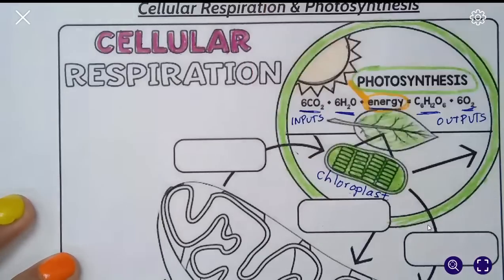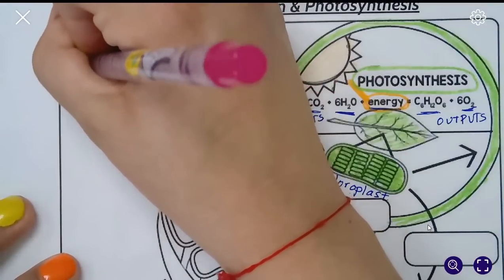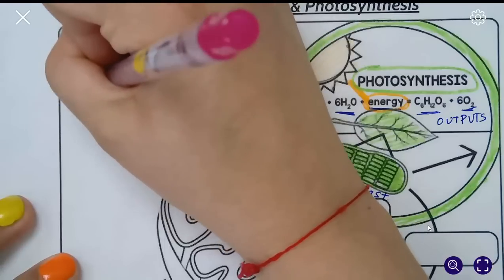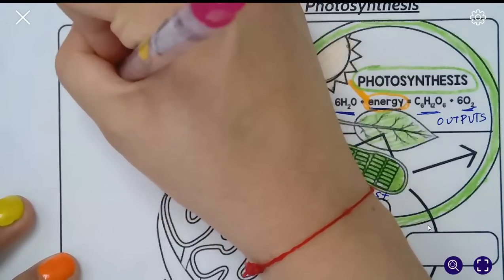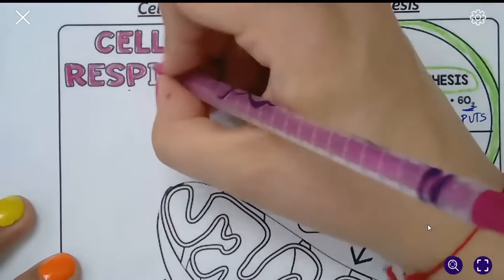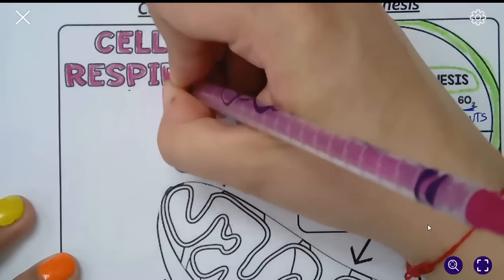Cellular respiration is using those gases within each cell. And this happens in every single living cell, plant, animal, fungus, bacteria, doesn't matter. Every cell does cellular respiration.